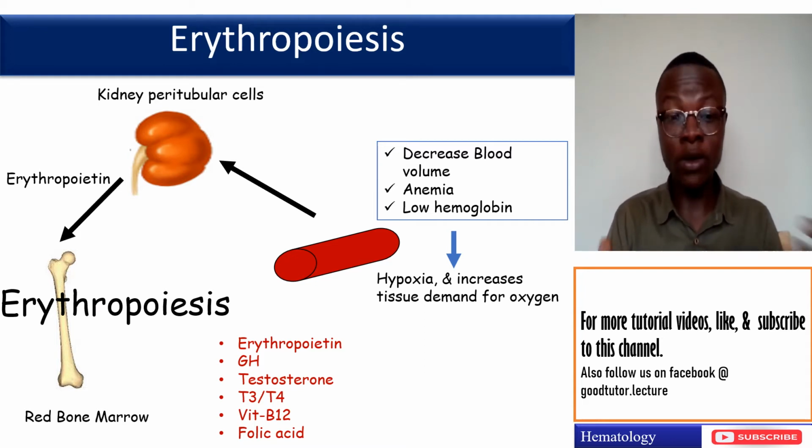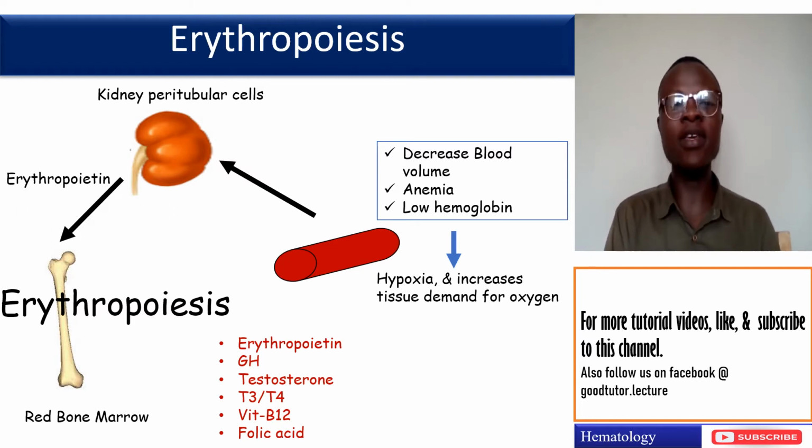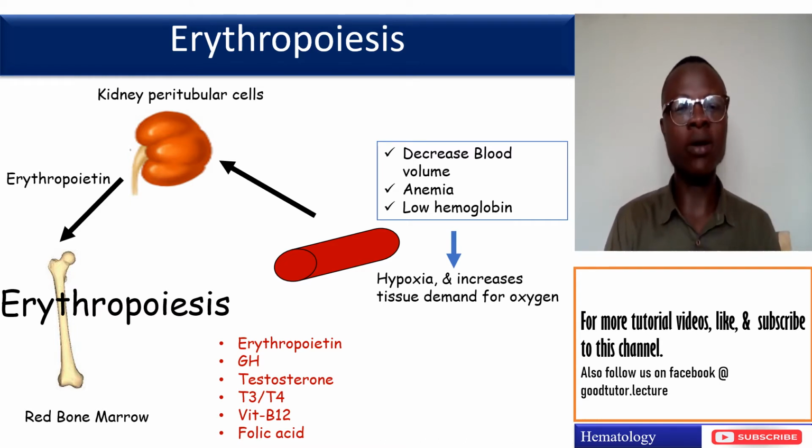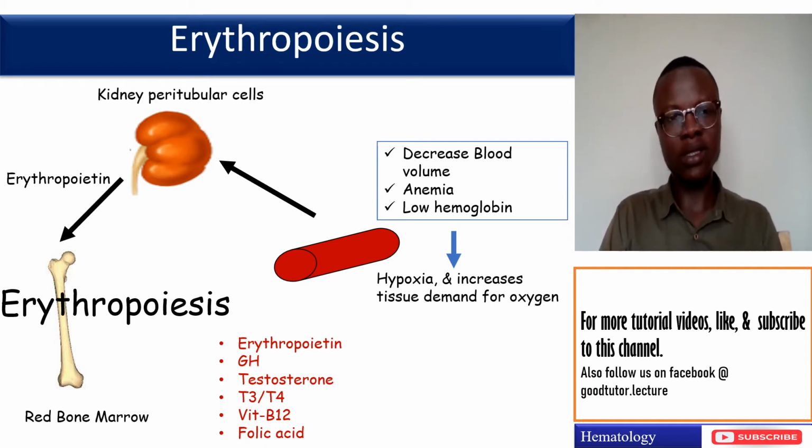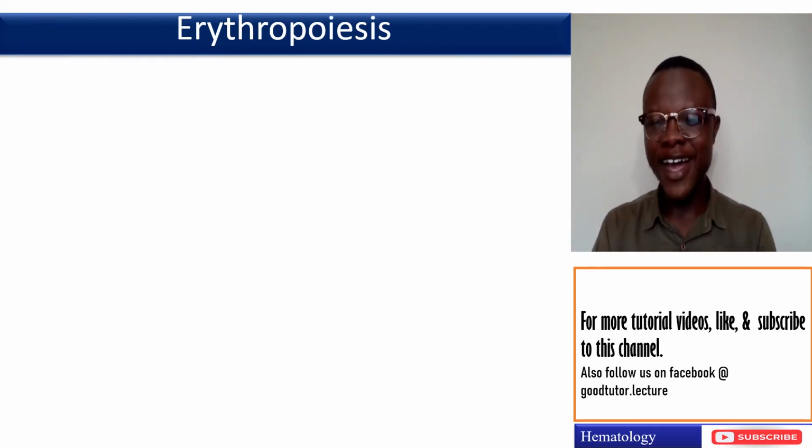We also have growth hormones, testosterone, the thyroid hormone, vitamin B12 and folic acid. Each of these has a part to play in the proliferation and maturation of red blood cells, as we will see in subsequent slides. So now we are in the bone marrow.